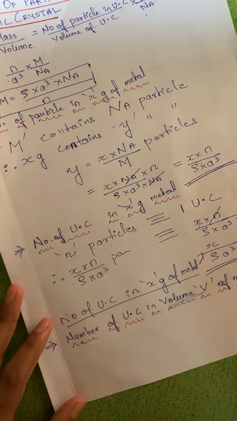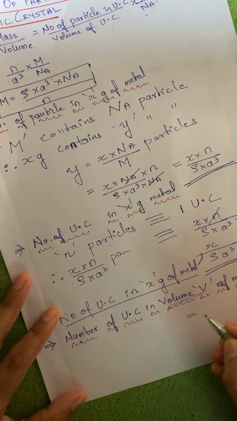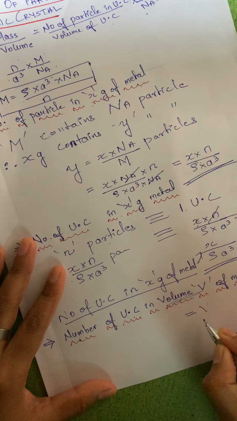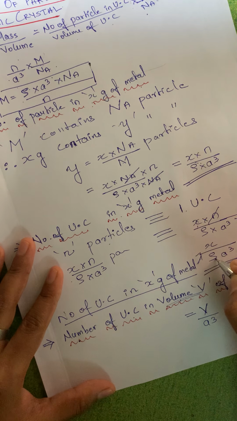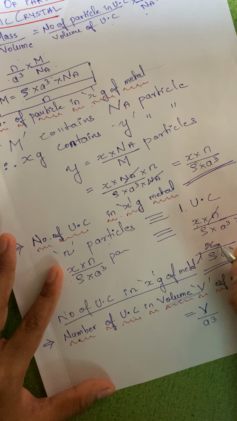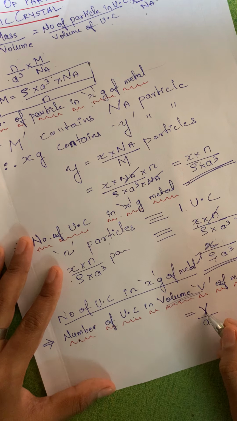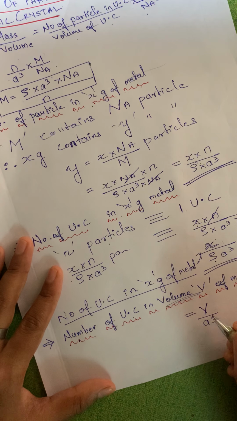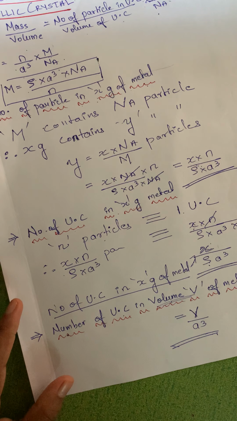So we can find that it will be equal to V upon a cube. Since x upon density, what is x? x is nothing but the mass. So mass upon density will be nothing but volume there. Therefore, we can directly write it as V upon a cube over here. Hopefully till here it is done.